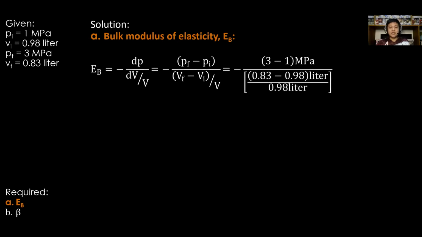So that is negative, 3 minus 1 in megapascal over the quantity 0.83, the final, minus 0.98, the initial, in liter over the initial, that is 0.98 liter. Thus the unit of volume, liter, cancels out. E sub B is equal to 13.067 megapascals.